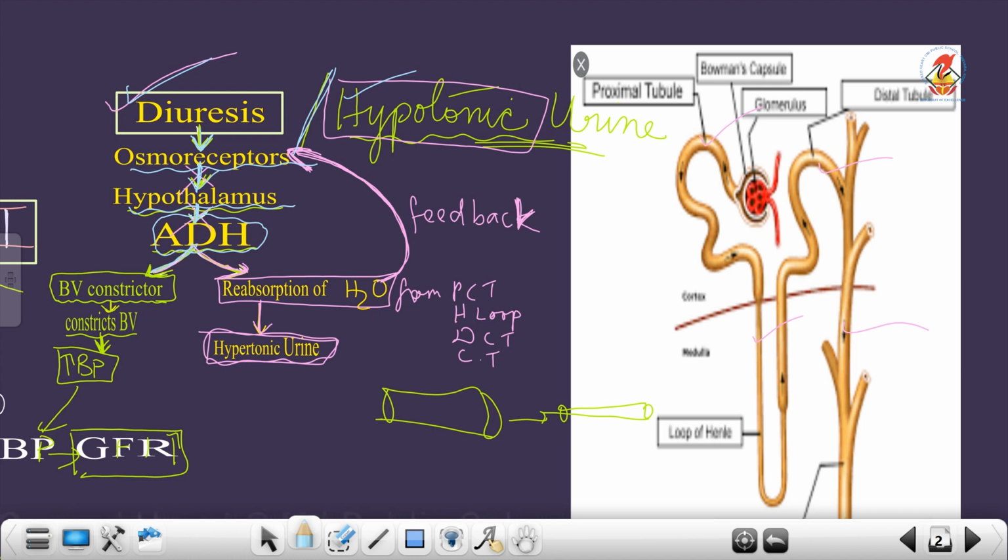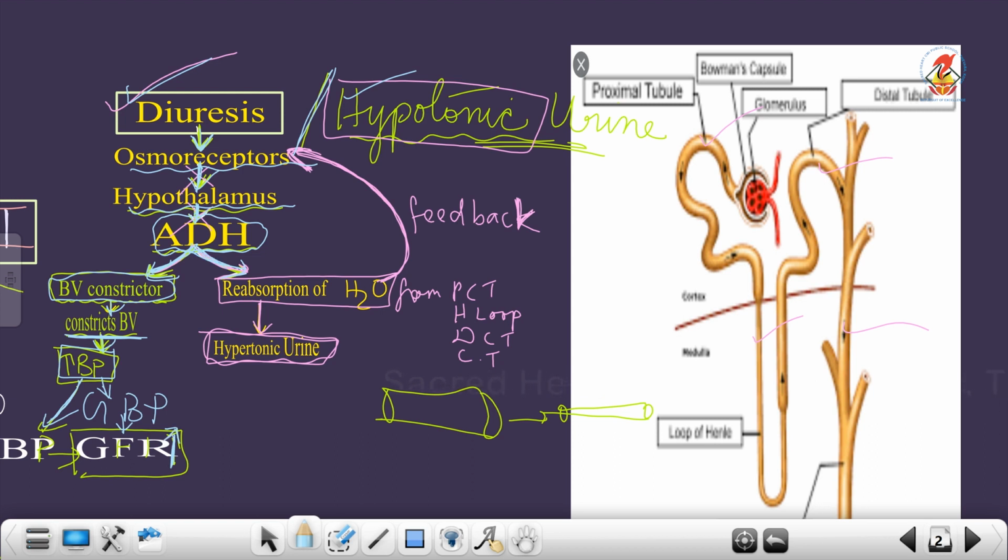It has a two-fold effect. One, this ADH itself is a vasoconstrictor, so it brings about constriction of the blood vessel. When it does, the BP of our body increases, and therefore the glomerular BP also increases, and the glomerular filtration increases.